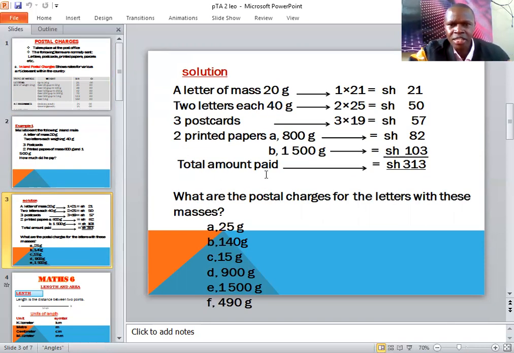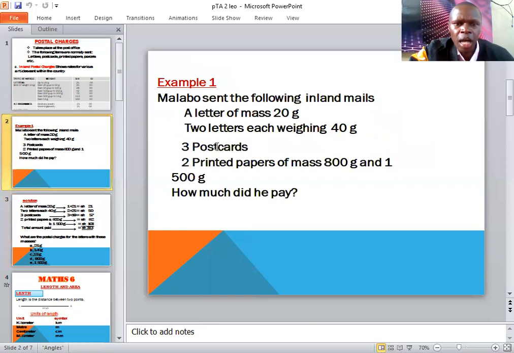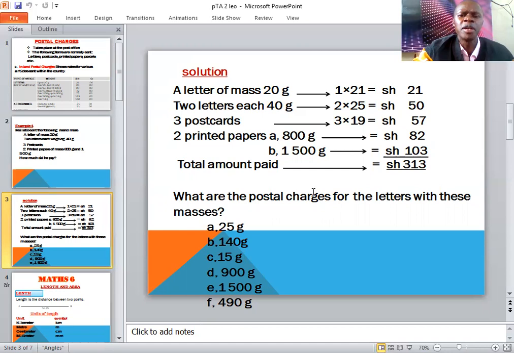Total amount paid. We are going to add 21 shillings plus 50 plus 57 plus 82 plus 103. Finally, the total cost will be 313 shillings. This is what Malabo is supposed to pay to the post office to enable him send all these items.